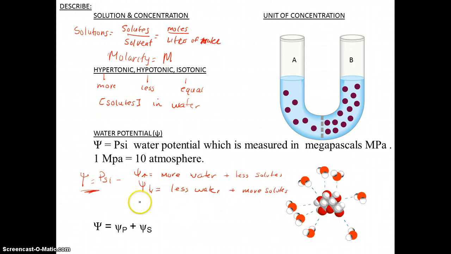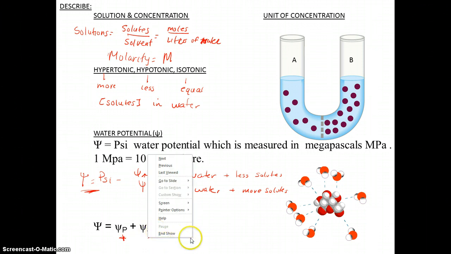Water potential is measured by this formula: water potential equals the water potential due to pressure plus the water potential due to solutes. If you have pressure, that adds to the water potential. We're basically talking about physical pressure. Water potential due to solutes decreases water potential, so it's always negative.